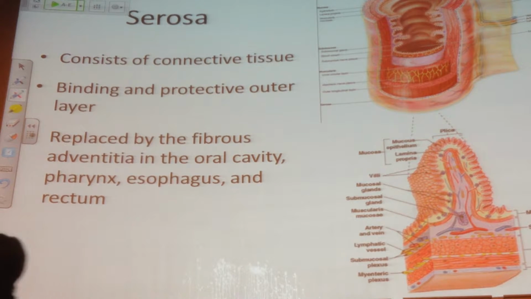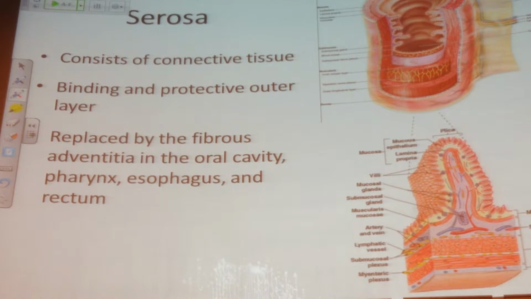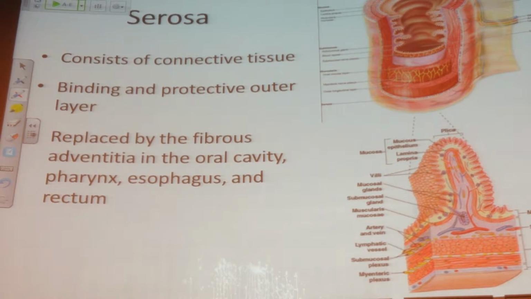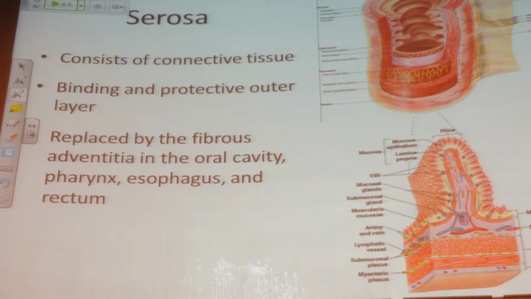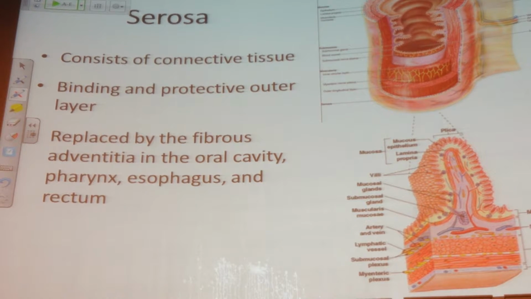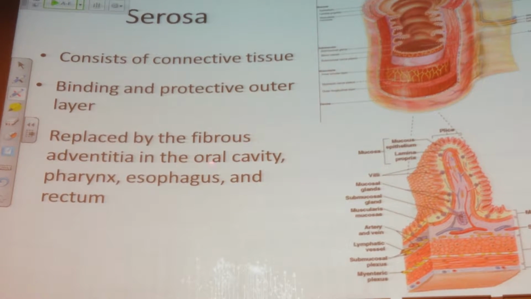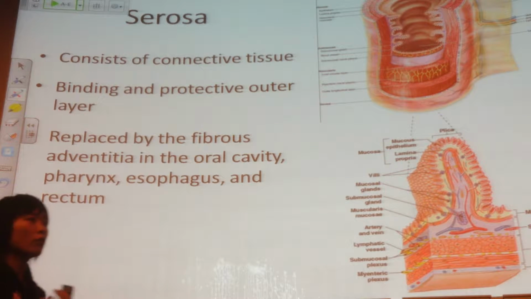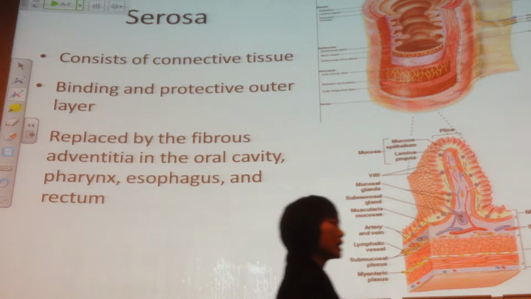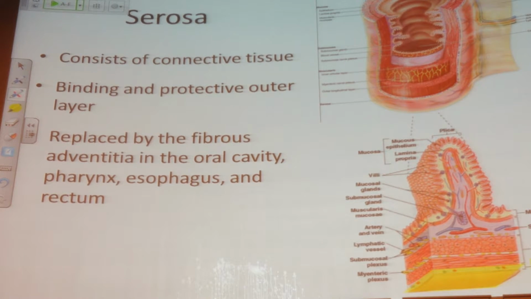So, the serosa. The serosa is the outermost layer, and we talk about the serous membrane, and that's part of it. It's a connective tissue, and it has a secreting function. The serosa becomes an adventitia when it goes to, for example, the esophagus, the pharynx, and the rectum, where you have less of a secreting job because there's less chance of irritation during movement, and more of an anchoring job, so it has more connective tissue there.